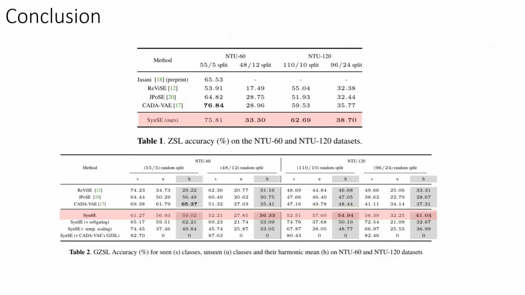We present the first set of zero-shot skeleton action recognition results on the large-scale NTU60 and NTU120 datasets. Also, our results show that Synesse outperforms strong baselines for zero-shot learning and the more challenging generalized zero-shot learning setup.